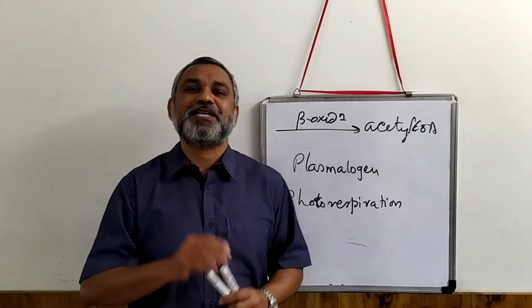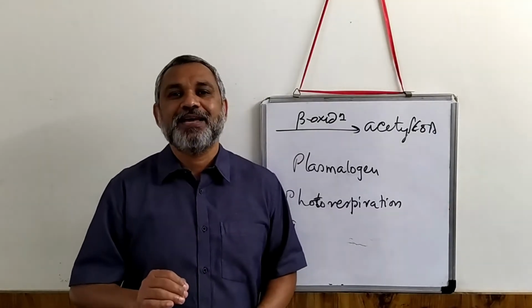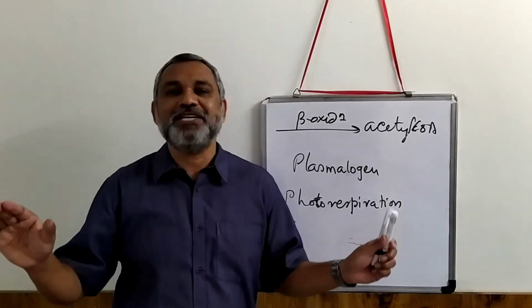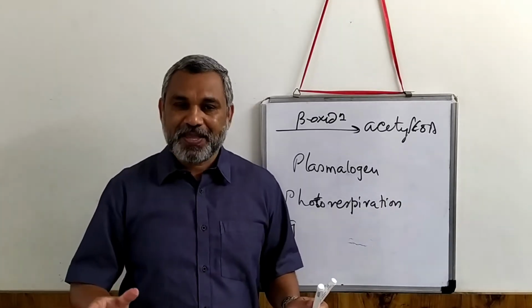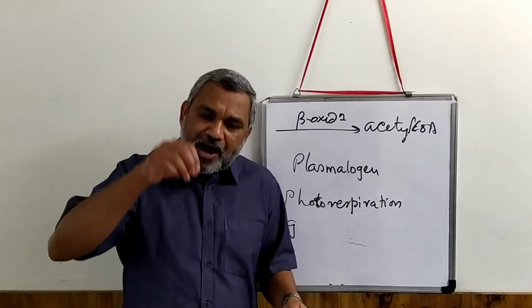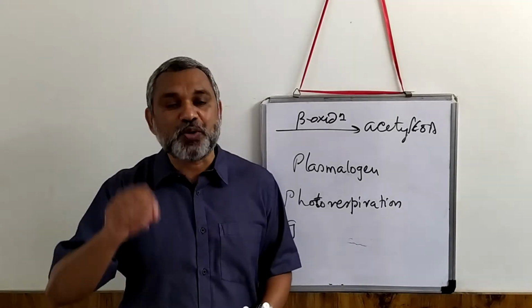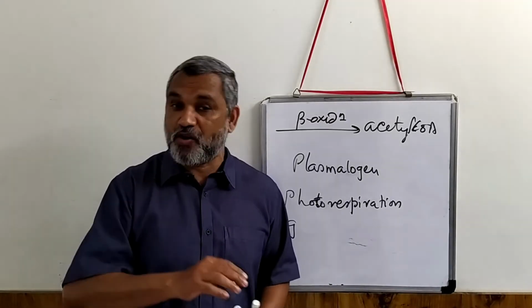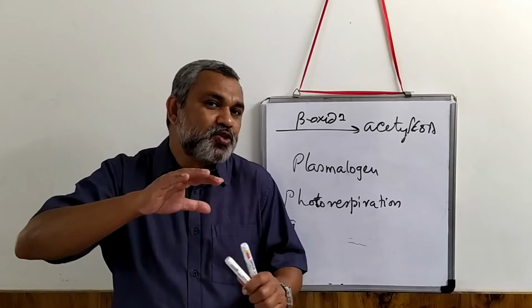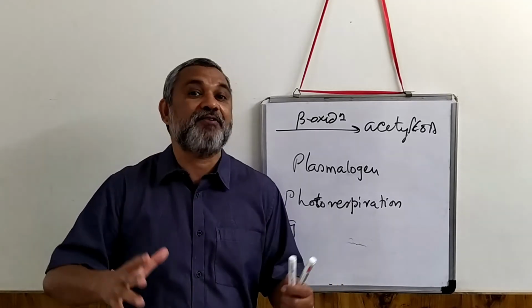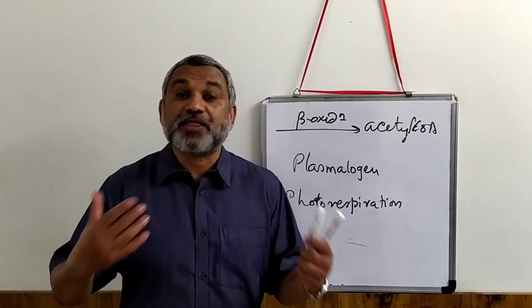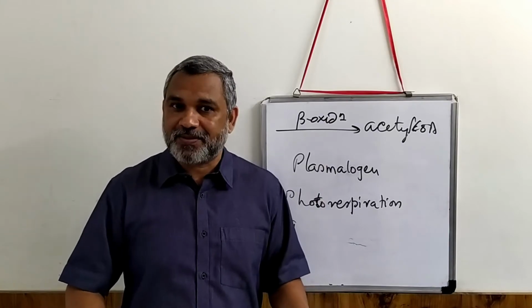A very interesting aspect about the peroxisome is that it is a highly adaptive organelle. Adaptive because if you allow a yeast cell to grow in a medium containing methanol, the peroxisome will grow to that level and have a high content of methanol degrading enzymes.